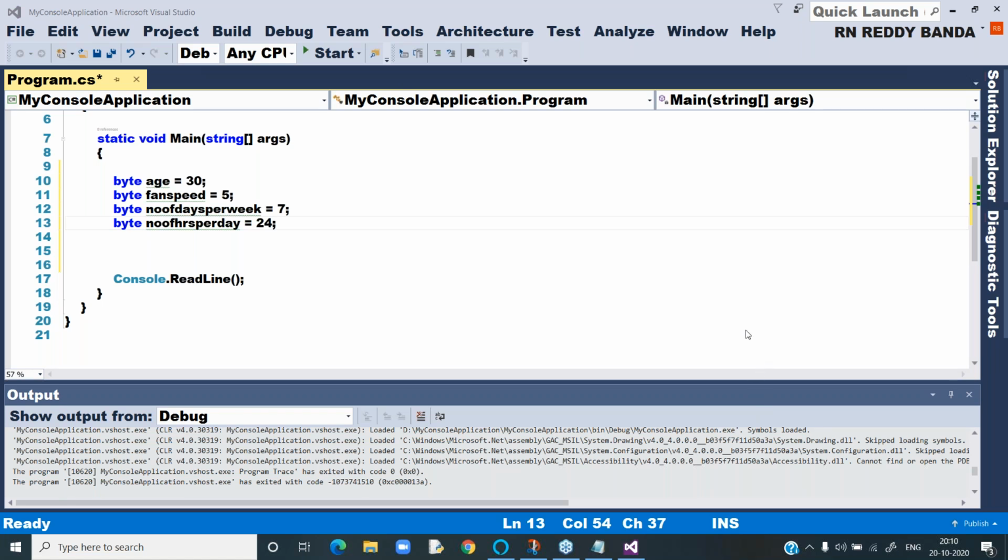Are you clear? Like that you can go. You will have unsigned numerical data, and you will get more and more unsigned.